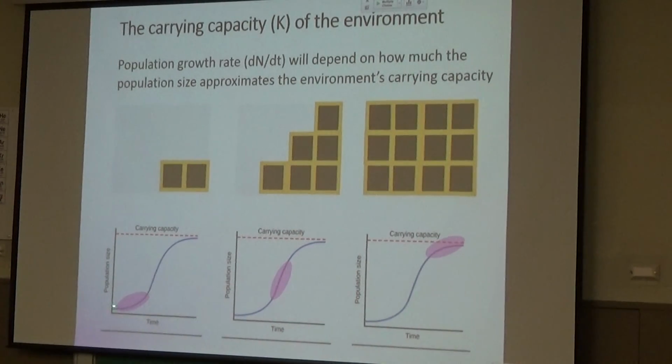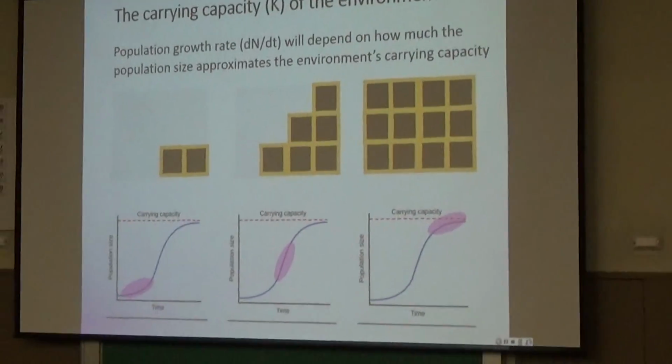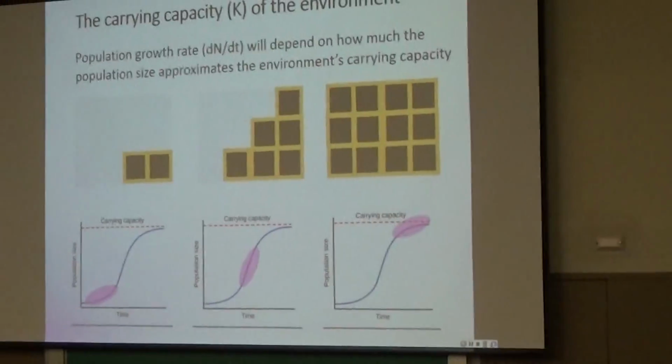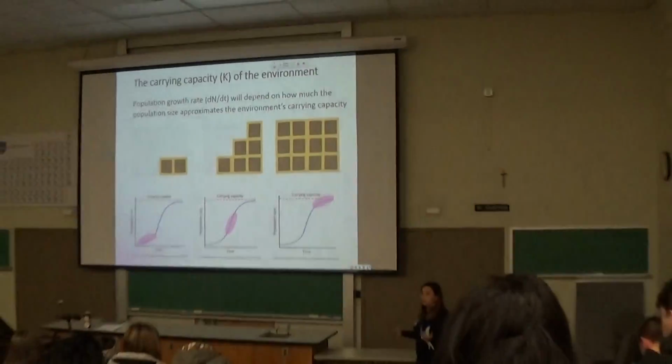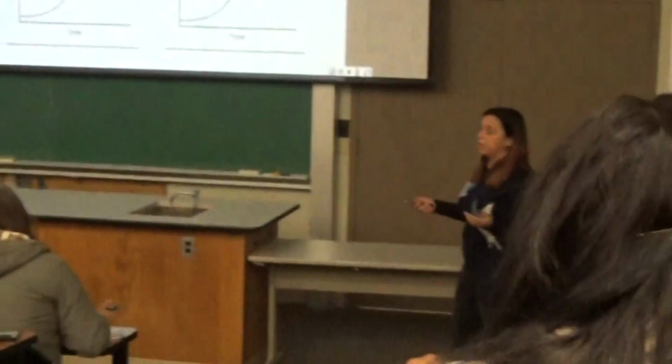The population grows fast, and it grows fast until it reaches half the carrying capacity. And then as it gets closer and closer to the carrying capacity, you can think that things start to get very crowded, resources start to get limited, and individuals in that population start to compete for resources. So you're going to have deaths associated with competition and resource limitation.